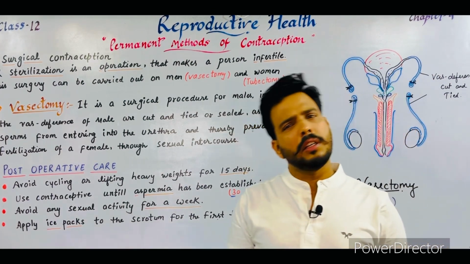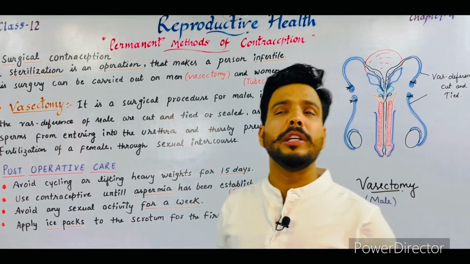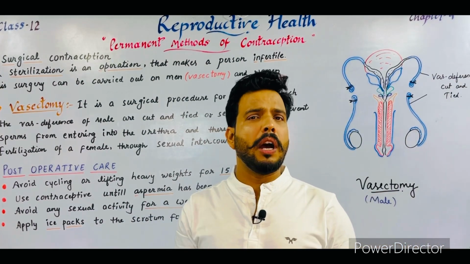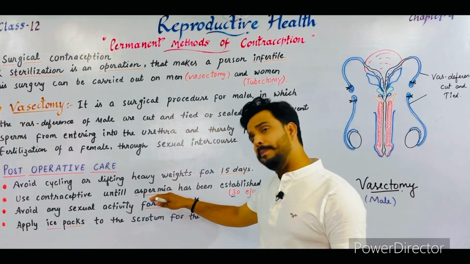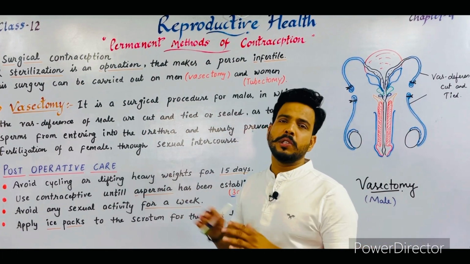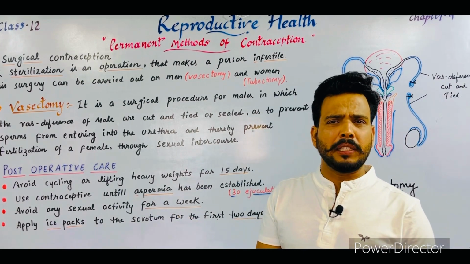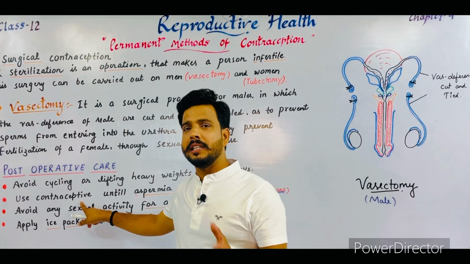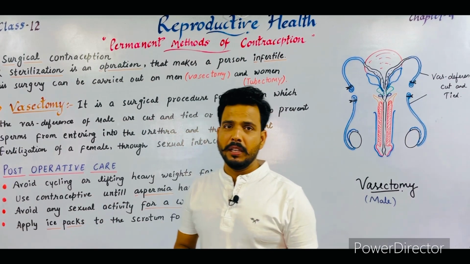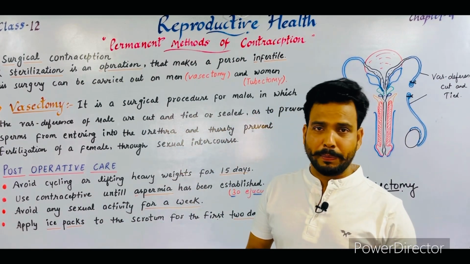According to doctors, 30 ejaculations will take about 2 to 3 months. After 2 to 3 months, the condition of aspermia will be established and then the person will not need any contraceptive method. But until then, we must use a contraceptive or birth control device to prevent pregnancy in the female. This is also advised by the doctors.